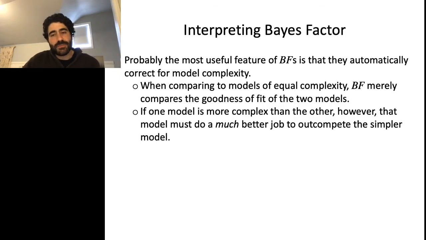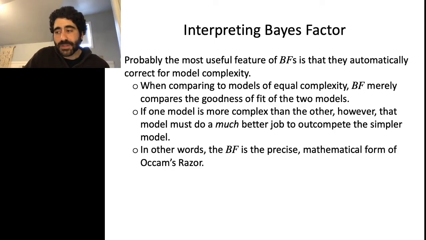But if you have a model that's much more complex, then this Bayes factor automatically accounts for that, in the sense that if the marginal likelihood of this complex model is better than the marginal likelihood for the simple model, that means it must fit the evidence a lot better, because there are implicit penalties in the Bayes factor for complicated models. So this is at least one mathematical version of an Occam's razor, right? Which is that this fit automatically corrects for complexity.